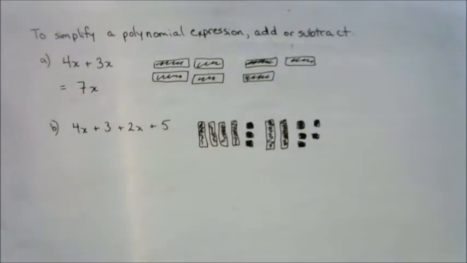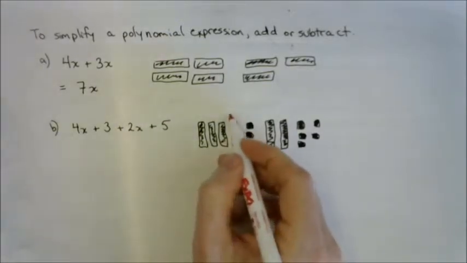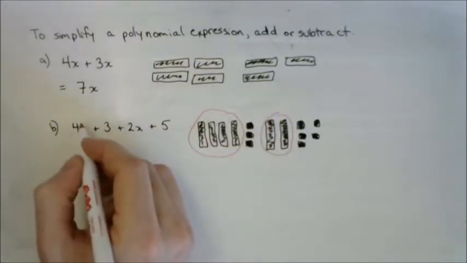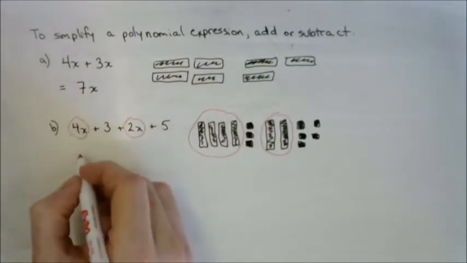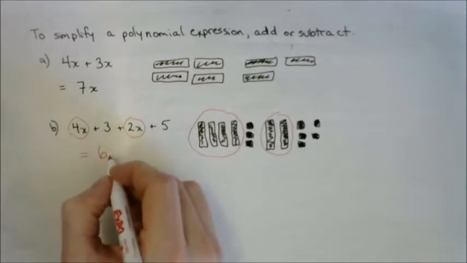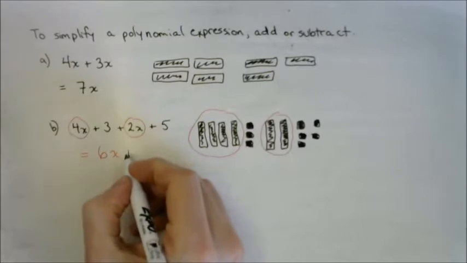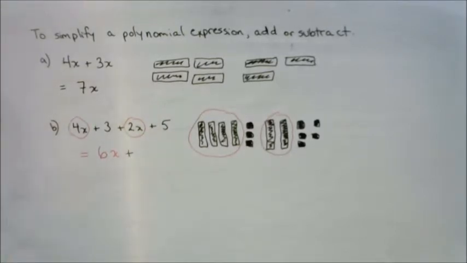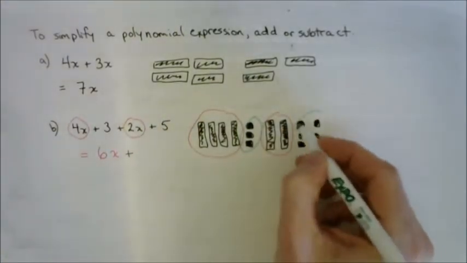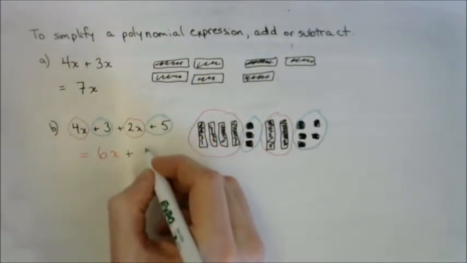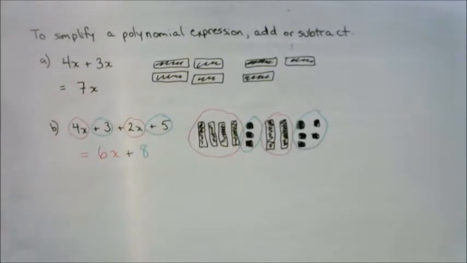Well, what can I group together? It's easy to see. We're going to group our x tiles, right? Our 4x and our 2x for a total of how many x's? 6x. And we're going to group our unit tiles, 3 here and 5 here, 3 plus 5 for a total of 8 unit tiles. Not too difficult.